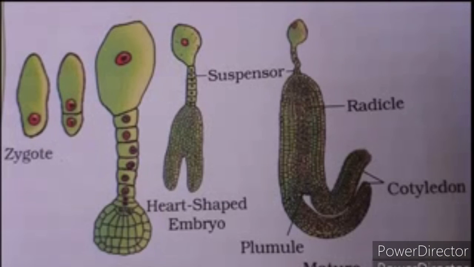The stages of embryogeny in a dicotyledonous embryo, we'll discuss now. The zygote gives rise to the proembryo in the beginning stage, and subsequently to the globular embryo, then the heart-shaped embryo, then the mature embryo.